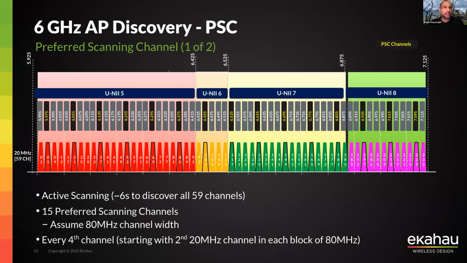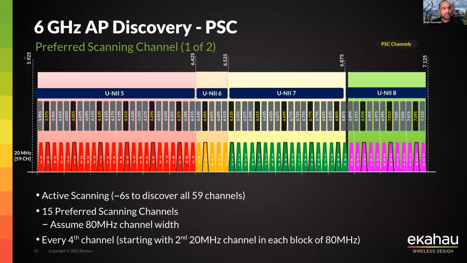In the preferred scanning channel, if you look at the spectrum, we group it into 80 megahertz blocks, and in each 80 megahertz block, the second 20 megahertz we nominated as a preferred scanning channel. Why the second 20 megahertz? Why not the first?